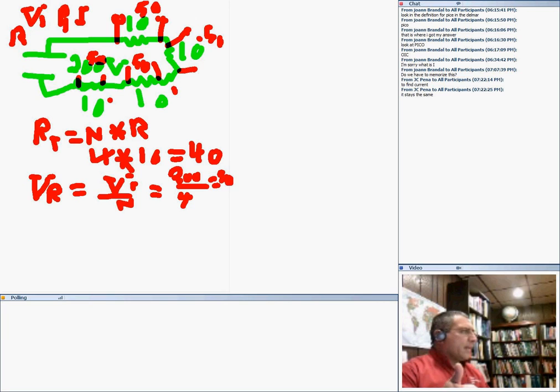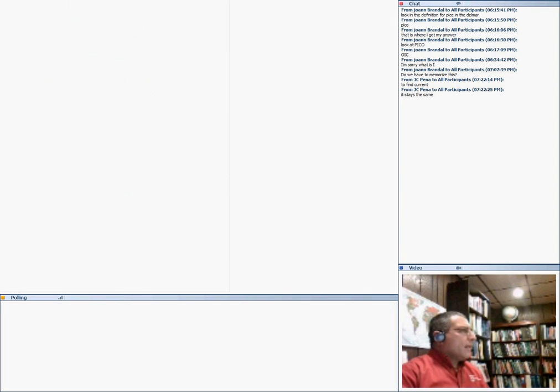The resistor is the same, the voltage across the resistor is the same, the power consumed by the resistor is the same, and the current through each resistor, of course, is the same because it's a series circuit. And guys, this is a special rule for when all the resistors are the same. Any question about that?